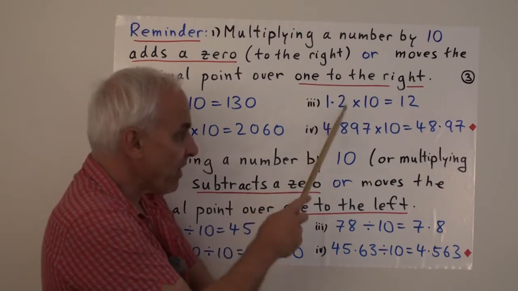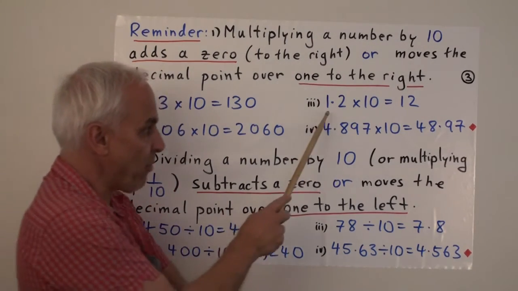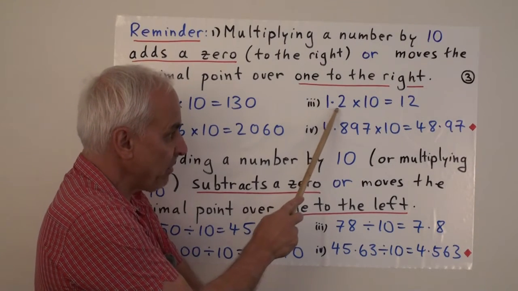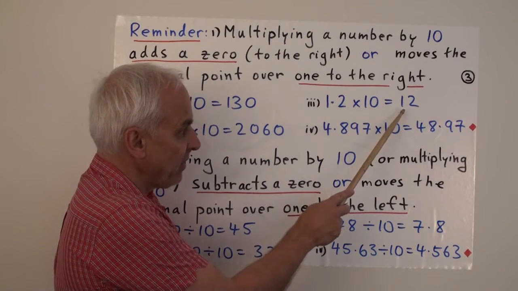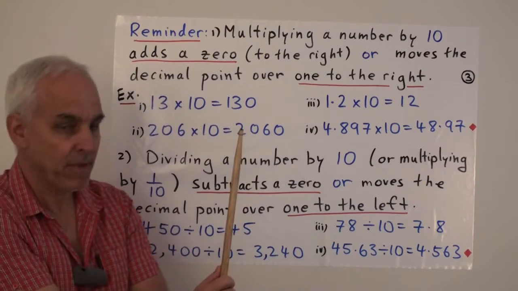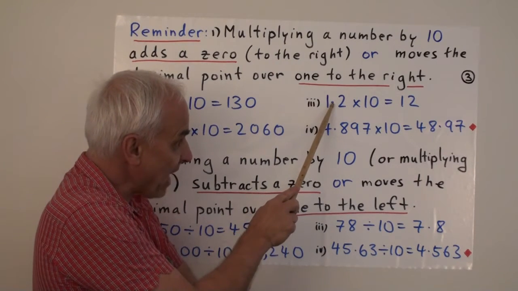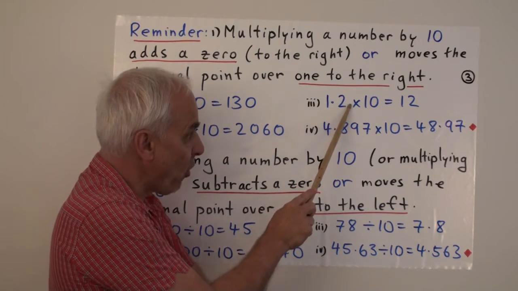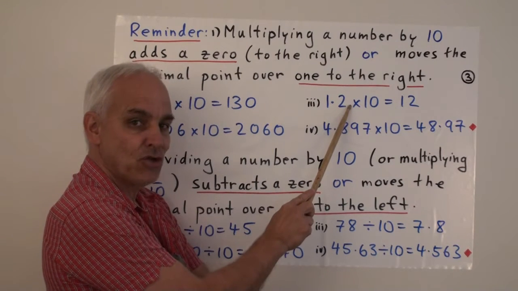Now what happens if you have a decimal number like 1.2? If you multiply 1.2 times 10, this is 12. In terms of the decimal point, what's happened is that it's moved over 1 to the right.